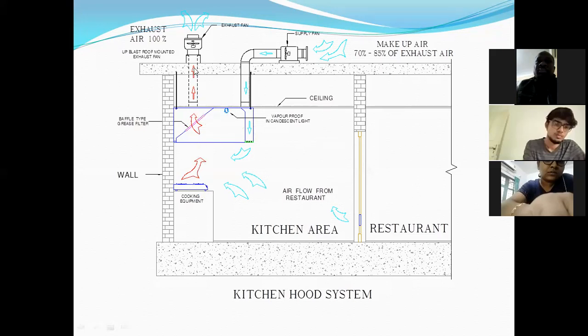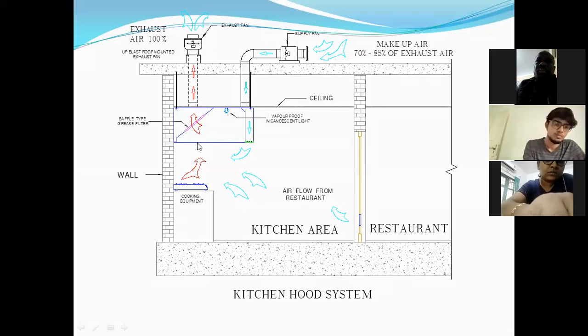and at the end of it there is a duct. So we have to decide the size of the duct, as well as the size of the kitchen hood also. Both we have to decide. And if we need some fan, we have to give its capacity also. Okay.